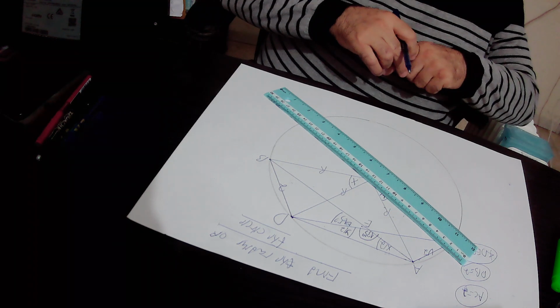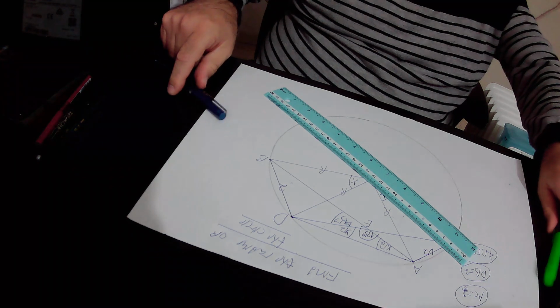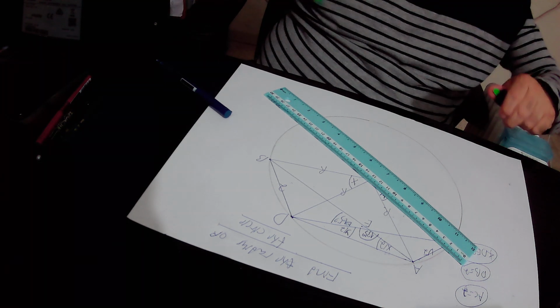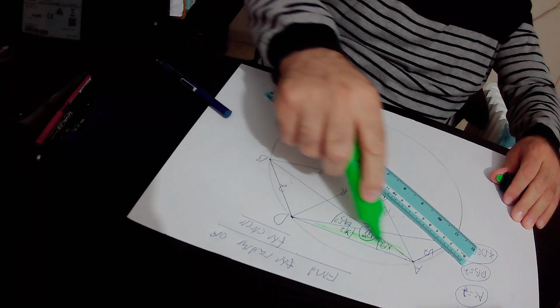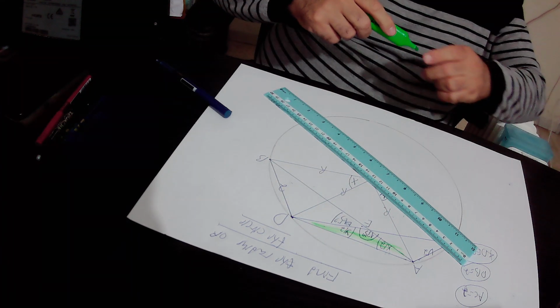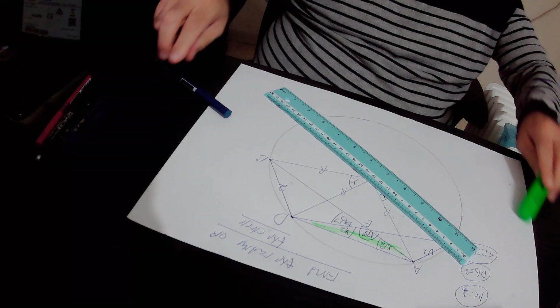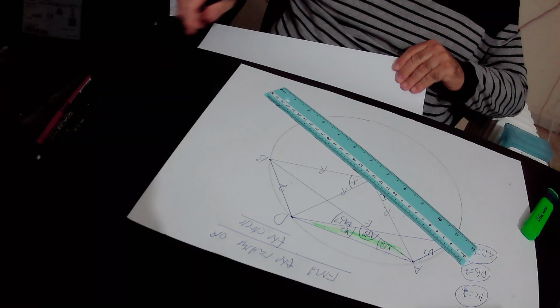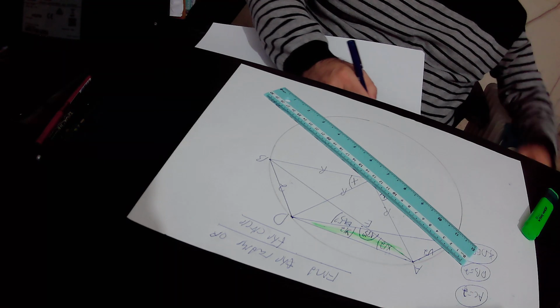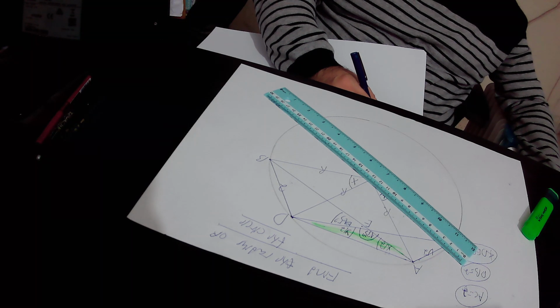Okay, and in the next step, we focus on the green triangle AED. On the green triangle AED, we know that the sum of the angles must be equal to 180 degrees.